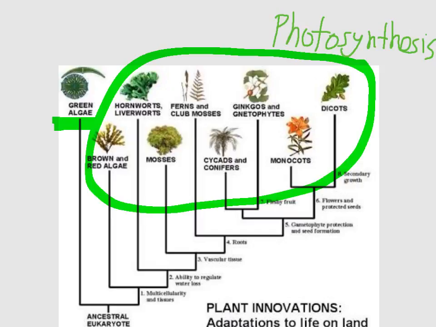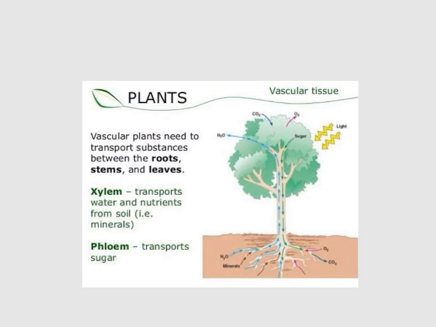Well, the main difference is that plants have an internal system of vessels which transport food, nutrients, and water all the way up and down the plant, which an algae or the most primitive plants of all do not have. So that's the main difference.